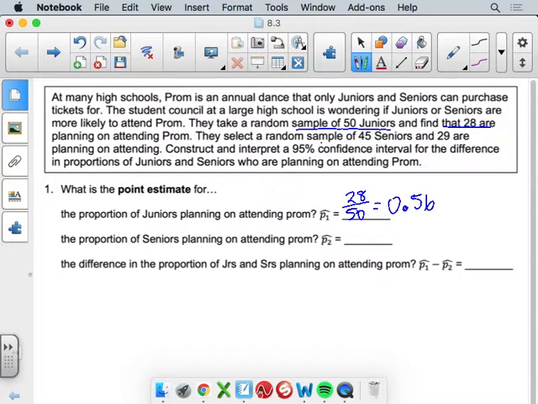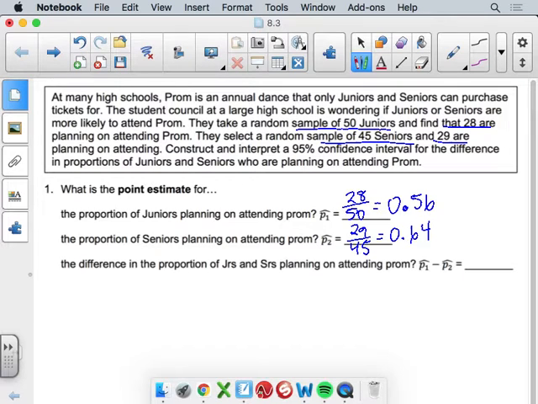And they did a random sample of 45 seniors, and 29 out of 45, which is something like 0.64. So 64% of seniors are planning on attending prom.